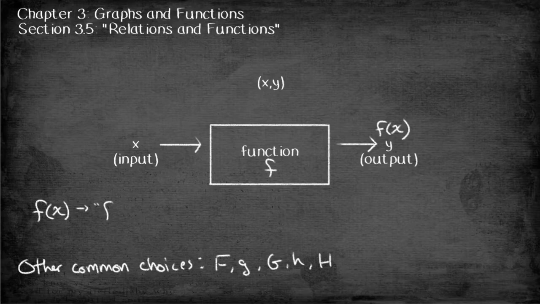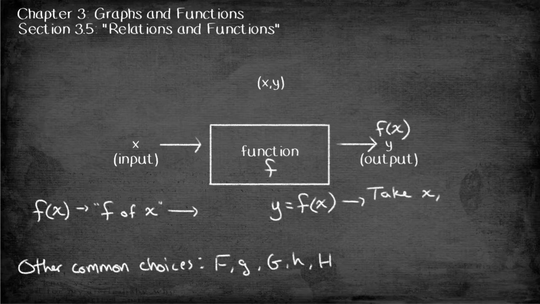It's read as f of x. So defining a function usually amounts to writing y equals f of x. And this says, take x, we perform f, and we get y as an output.